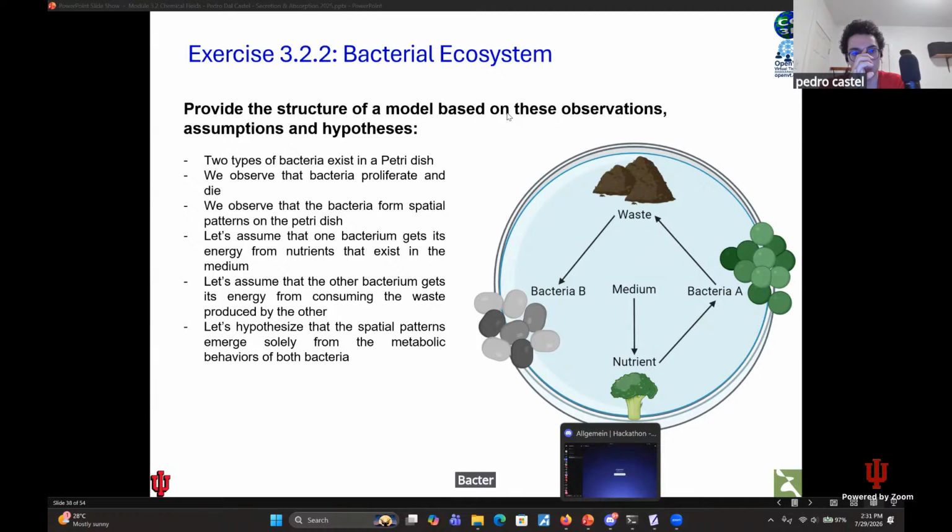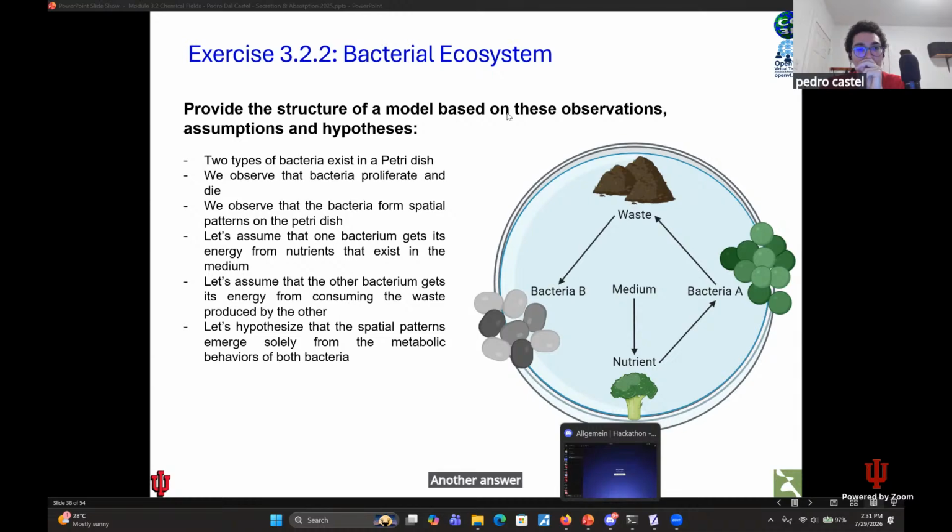Bacteria A absorbs nutrient via diffusion, and it secretes something that is taken up by bacteria B. So we should have a diffusion solver with secretion coupled with bacteria, mitosis, and death for both A and B. Boundary conditions, no flux at the edges.